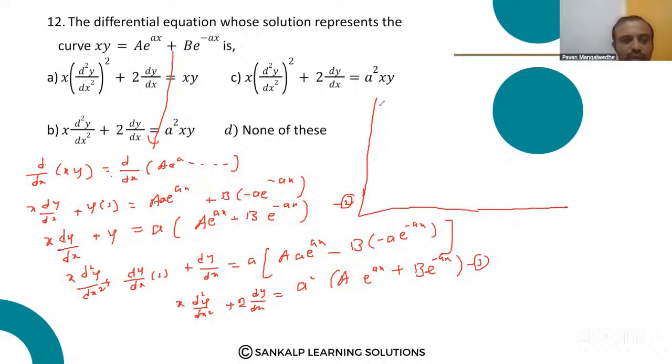Now it is equation 3, just substituting equation 1 into equation 3. Equation 1 is the original equation. Then what we are going to get is x into d square y by dx square plus 2 into dy by dx, which is equal to a square into bracket xy.